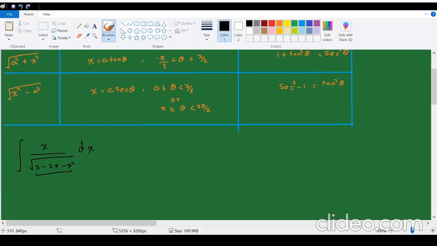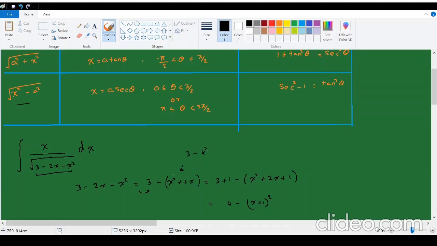So for that, what we can do is complete the square of the denominator, right? How are we going to complete the square? We can write the denominator term like this, and from this term, if we can get a certain square, something of this nature, we can relate it with this third category.